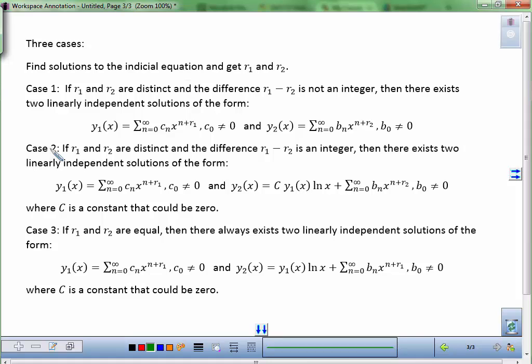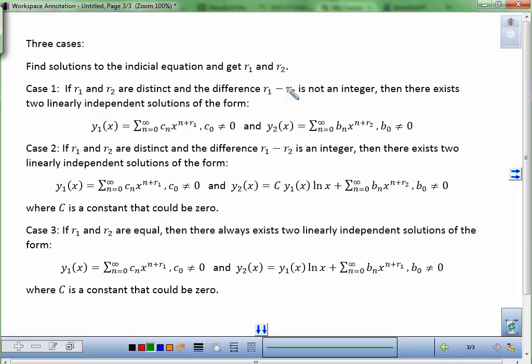But the way they break down these cases depends on the kind of solution that we're going to get. So the first one, we have two distinct roots, but the difference of the two distinct roots is not an integer. So apparently that makes a difference.